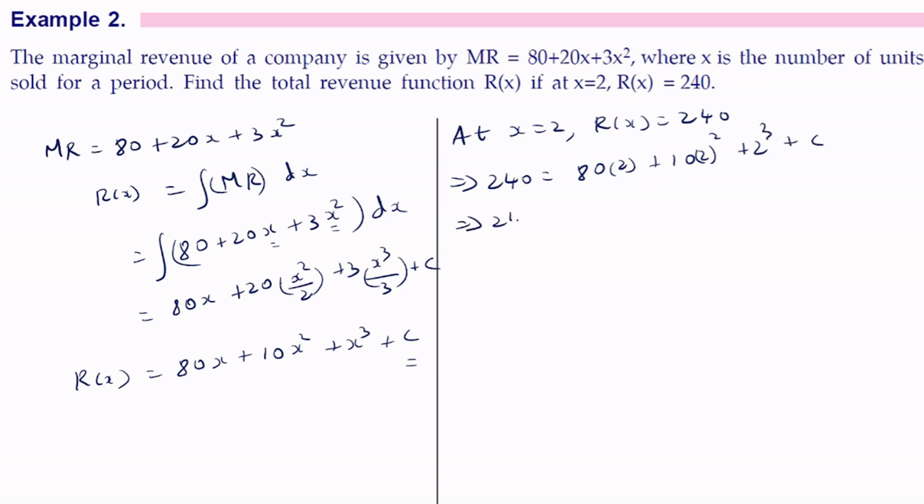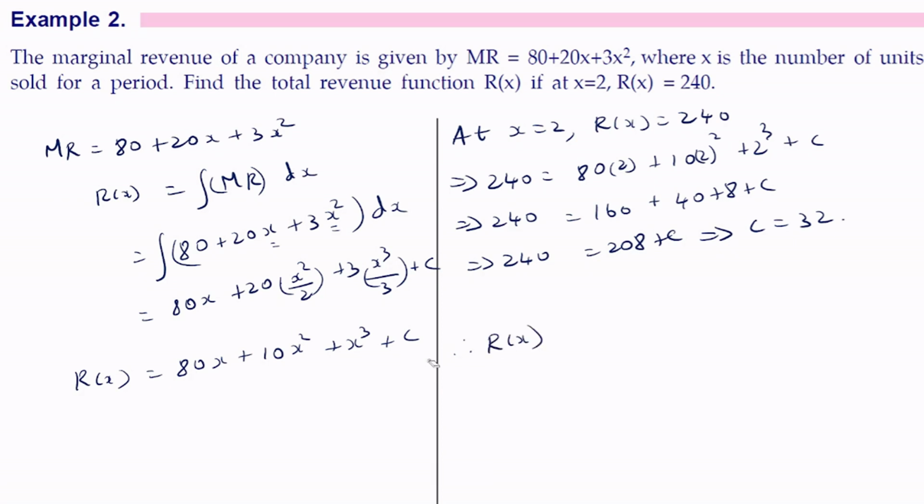So from this we get 240 equal to 160 plus 40 plus 8 plus c. So 240 equal to 208 plus c. So from this we get c as 32. Therefore the revenue function r of x is given by 80x plus 10x square plus x cube plus 32. So this is the revenue function.